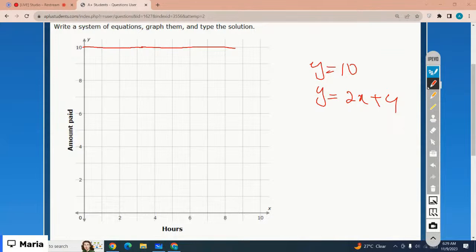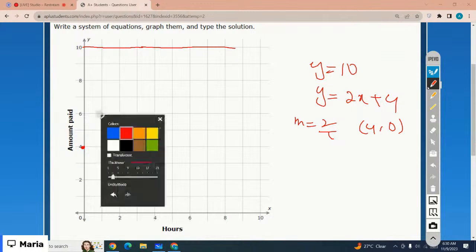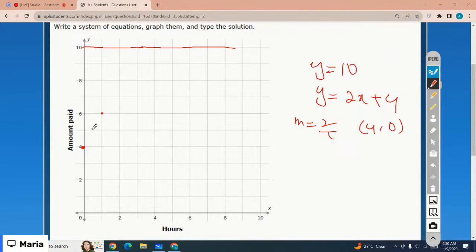Okay, so slope is 2 and the y-intercept is 4. So here is 4. Slope means 2 over 1. Move up 2 points, right 1 point. So just join these two points and make a straight line.